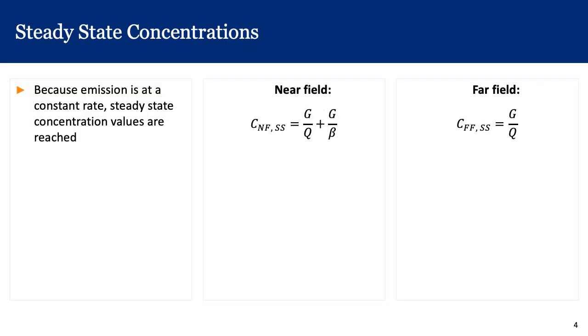So to recap, the steady state concentration equations for the near field and far field are as shown in this slide. For the near field at steady state, the concentration is G over Q plus G over beta. And in the far field, the steady state equation is given by G over Q. And as we can see, the near field concentration is greater than the far field concentration, which makes sense because the worker is closer to the source.